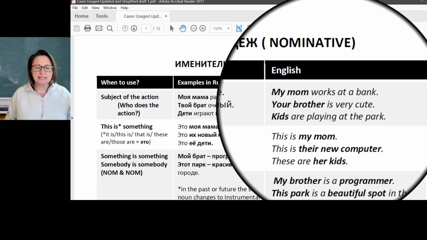Now, I understand I'm not going strictly according to linguistic and grammatical rules, and that's okay. I found that sometimes if I simplify these grammatical rules for my students, they remember them better. Maybe it works for you, maybe it doesn't, but at least that's one way of presenting the cases. There are several methodologies that you can find online. Find your own, but hopefully this one will work too.